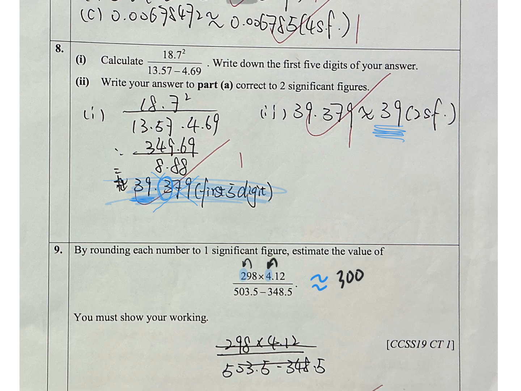I want to round off to 1 SF. 6. Good. Lucky you never trust your friends beside you. Okay, let's see. Sam. How do I round this 503.5 to 1 SF? 500. Very good. Okay, then last person. Tara. How do I round this off to 1 SF? 348.5. What? 300. Very good.